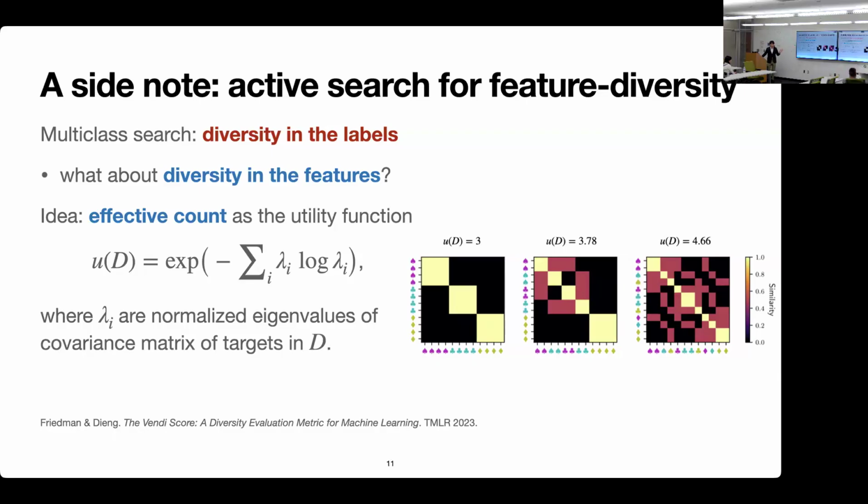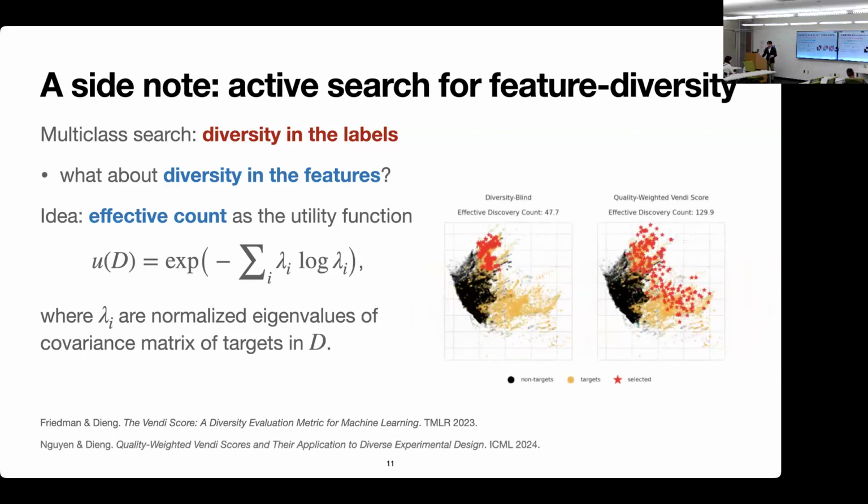And by using this effective count as a utility function, we can apply it to various active search and Bayesian optimization problems in order to find many diverse data points. So here's one example from a materials discovery problem that I worked on, where we try to find metallic glasses that have high durability, but we still care about finding diverse classes.